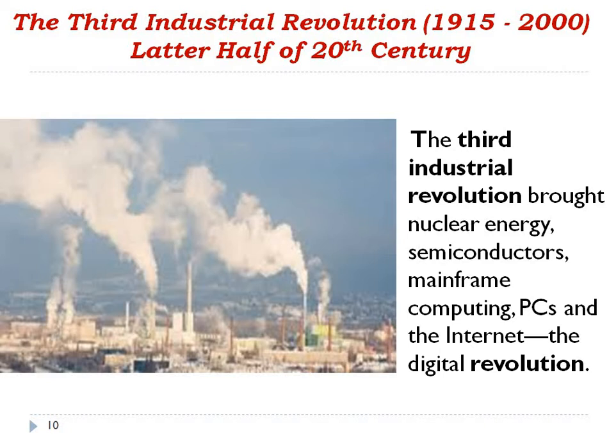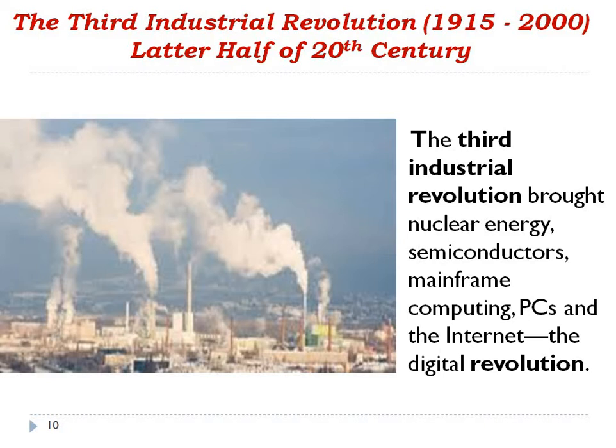The third industrial revolution happened during 1915 to 2000, or you can say the later half of the 20th century. During this time nuclear energy was first used, along with semiconductors, mainframe computing, personal computers, and internet.